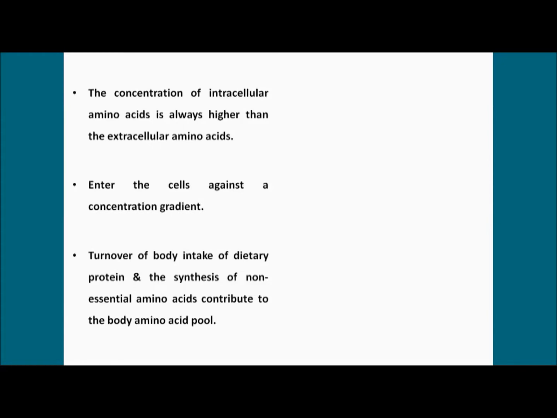So these are some of the important things regarding the proteins found in your body and the amino acid pool. Now what is protein turnover? As we have already discussed, the proteins in the body are in a dynamic state, meaning their concentration or amount changes with time, right?